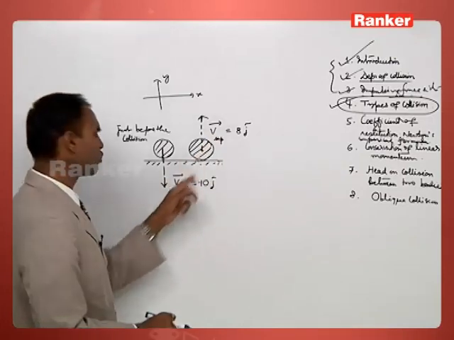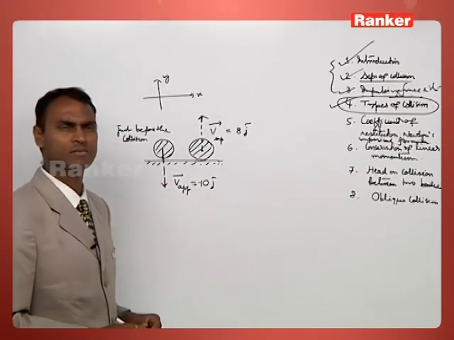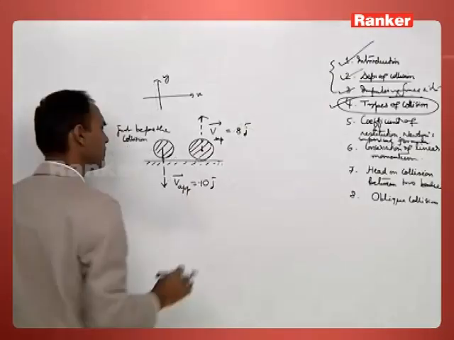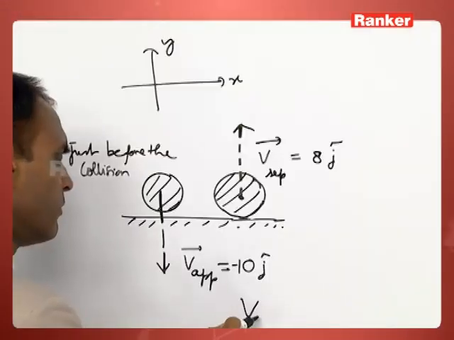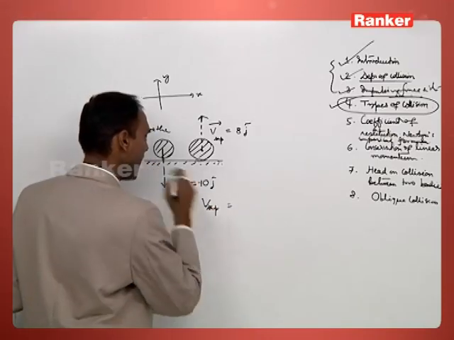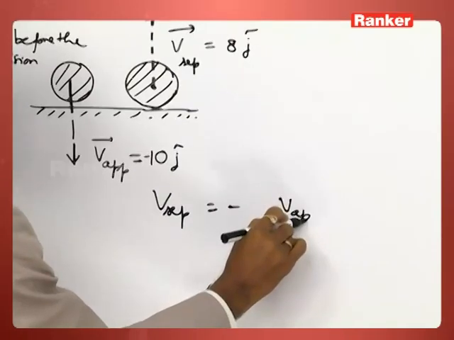If you compare these two velocities, velocity of separation is always opposite to the velocity of approach, and velocity of separation is always lesser than the velocity of approach. Velocity of separation is negative of the velocity of approach.